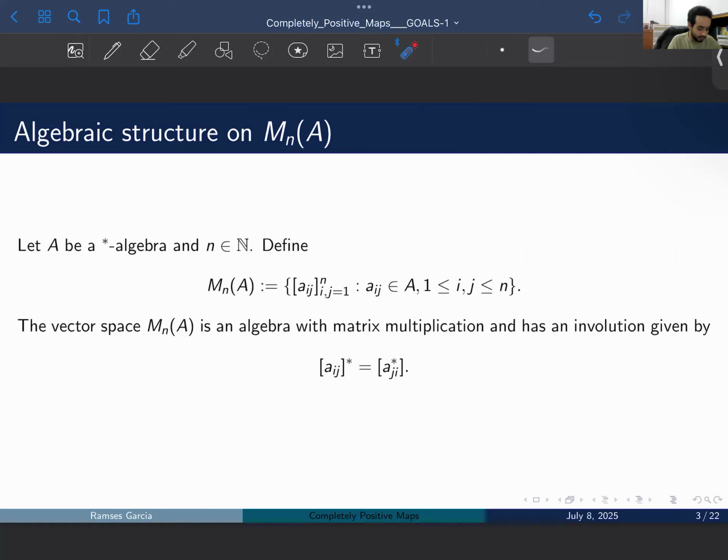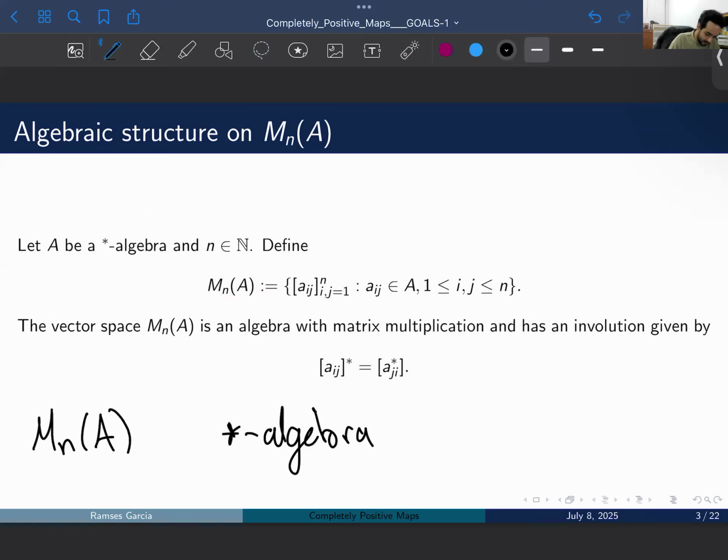If you have a star algebra A, we can define the matrix algebra over A. This is a vector space, and if we equip it with the matrix multiplication, we get an algebra that has a natural involution, given by applying the involution in each entry and transposing the entries, just as in complex matrices. So we have a natural structure of a star algebra on the matrices.